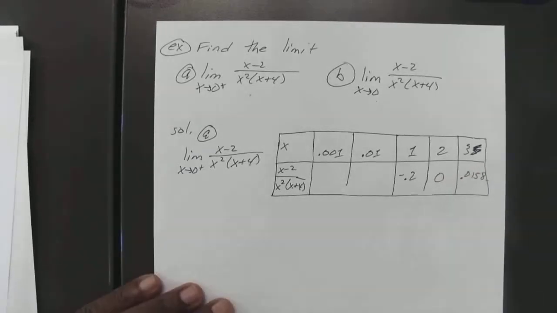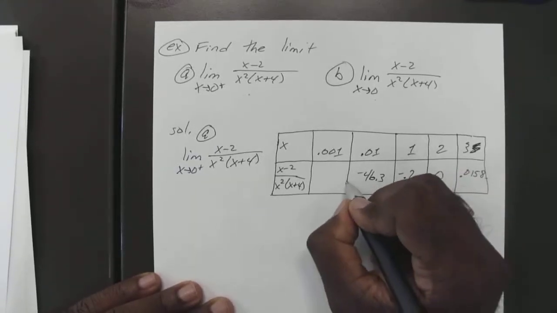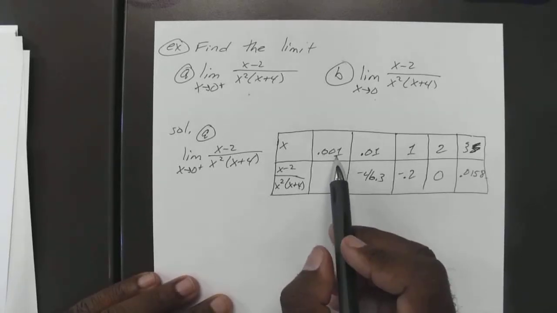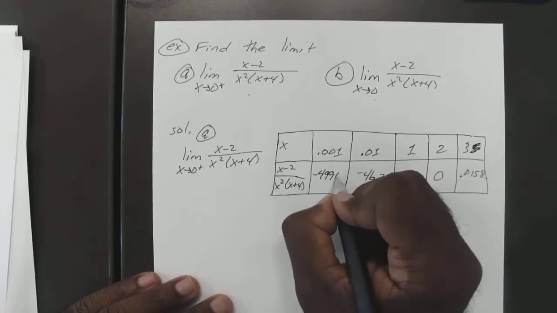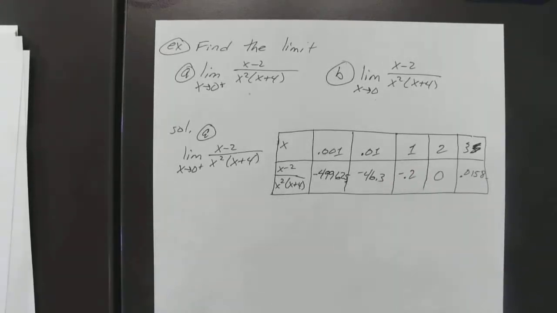If we plugged in 0.01, we'd end up with negative 46.3. And if we plugged in 0.001, we'd end up with negative 499,625 and some decimal point, but give or take, really close to negative 500,000.